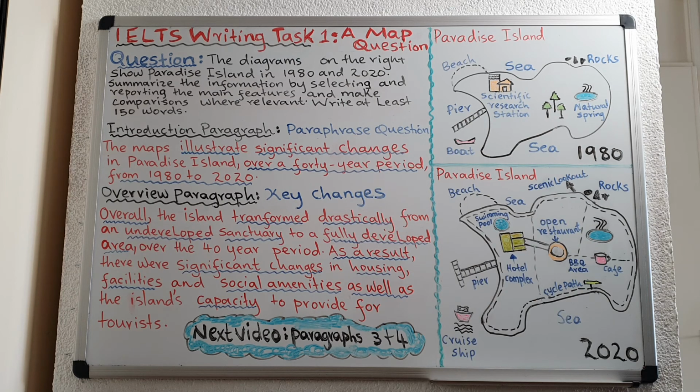And finally, the island in 2020 was better built or developed to provide for tourists. So that's how you're supposed to write the introductory paragraph and the overview paragraph for this particular question based on these particular maps. Now, in the next video, I'm going to teach you how to write the rest of this particular task 1, that is paragraphs 3 and paragraph 4.